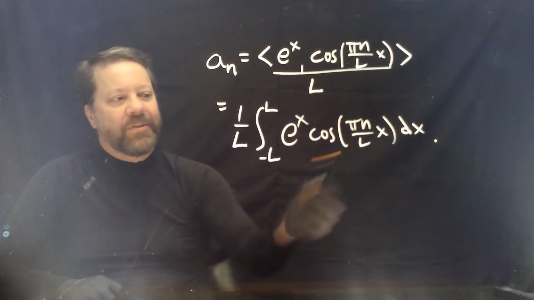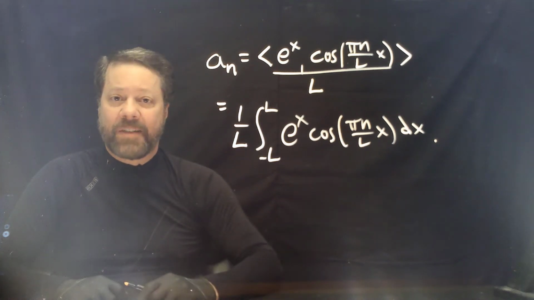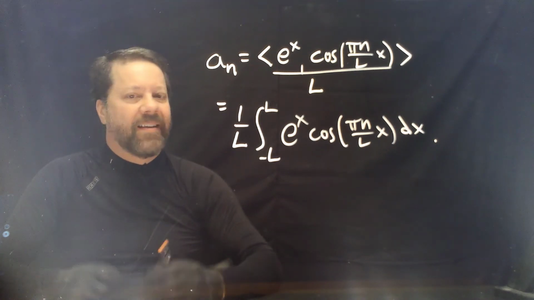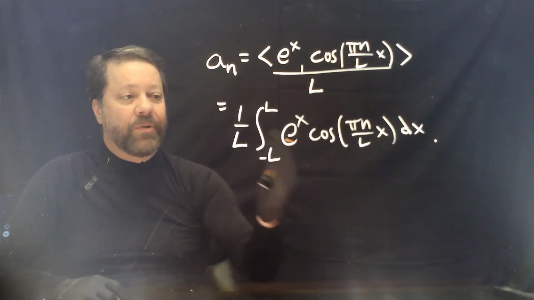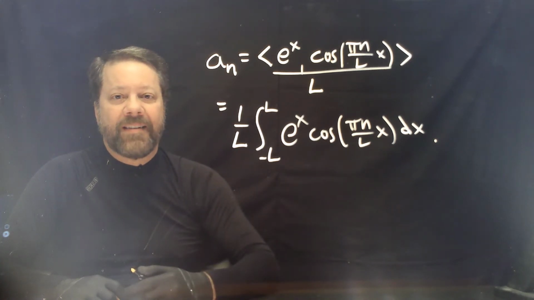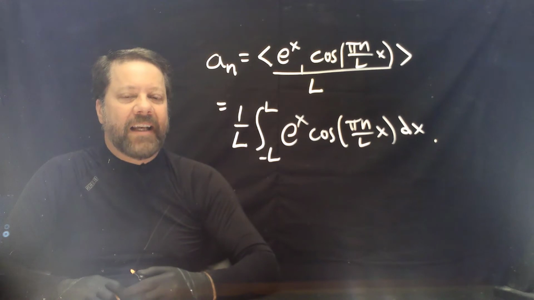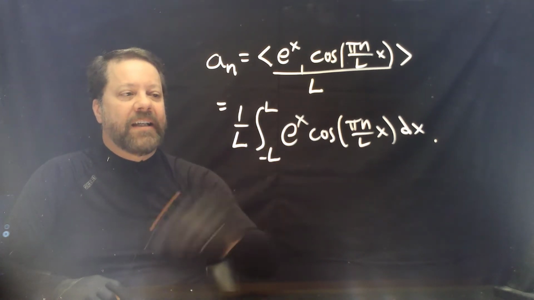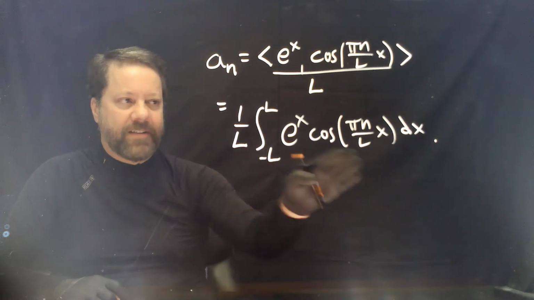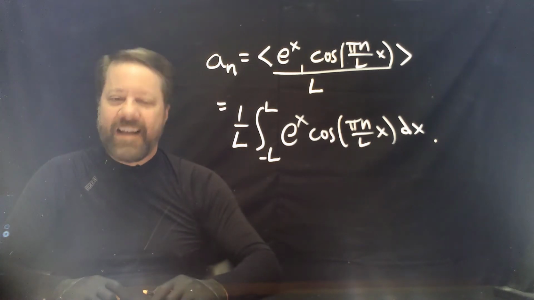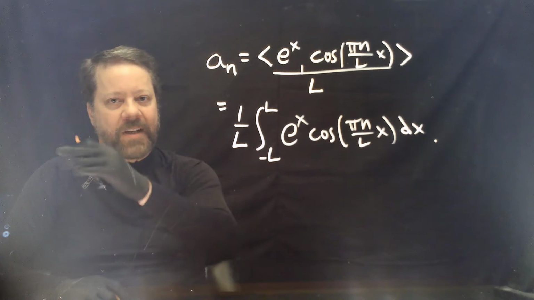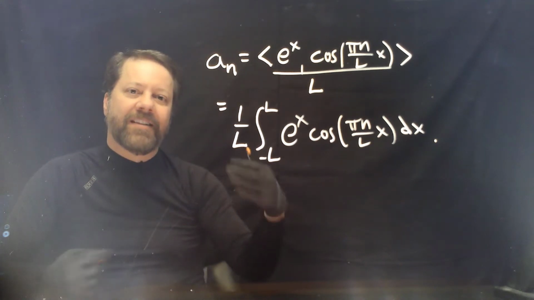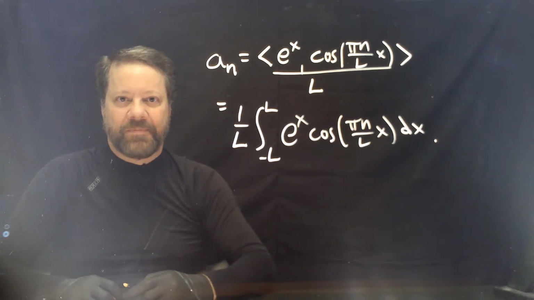Now, how do we integrate an expression like this? This is definitely going to apply integration by parts, but it's going to use that technique where you use integration by parts twice, end up with an expression involving this original integral, and then you have to move it to the other side, divide by the coefficient to finally solve for the integral.